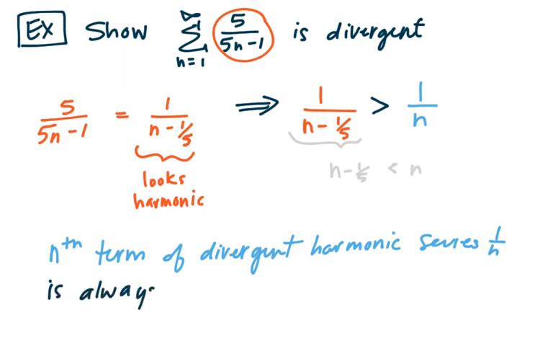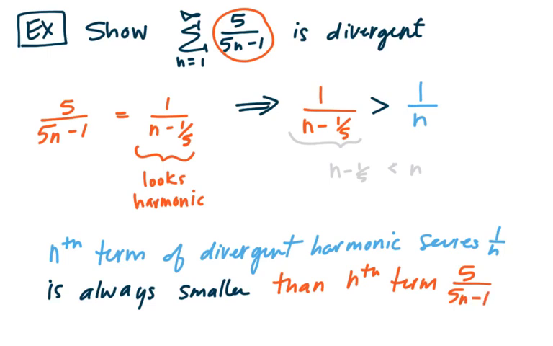It's always going to be smaller than the nth term of 5 over 5n minus 1. So the smaller series is divergent, then the larger series must also be divergent.